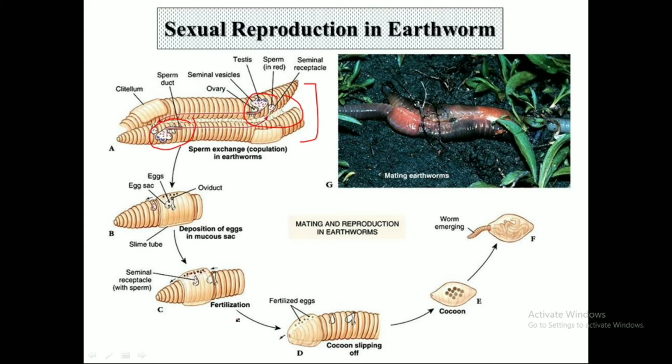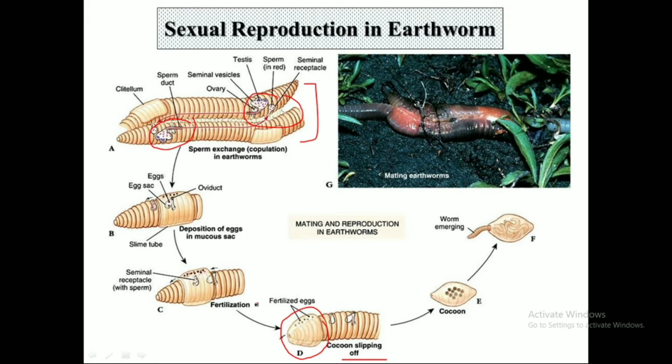After the various steps involved in fertilization, cocoon formation takes place when the ovaries mature. Mature sperm, egg cells and fluid are deposited in the cocoon produced by the gland cells of the clitellum. Fertilization and development take place inside the cocoon, which is deposited in the soil.